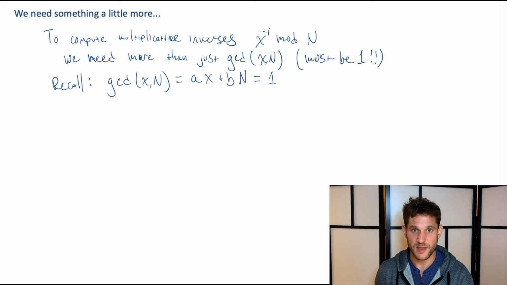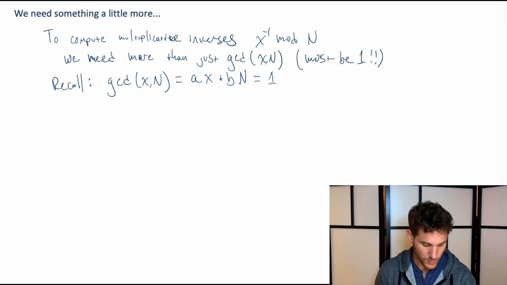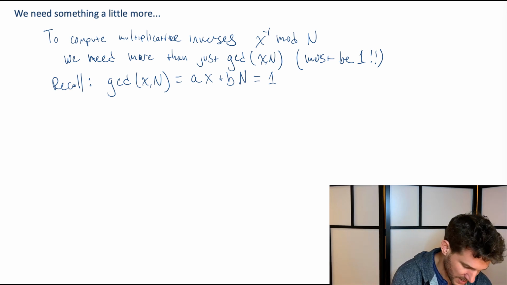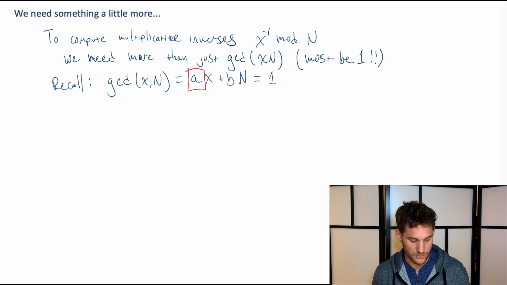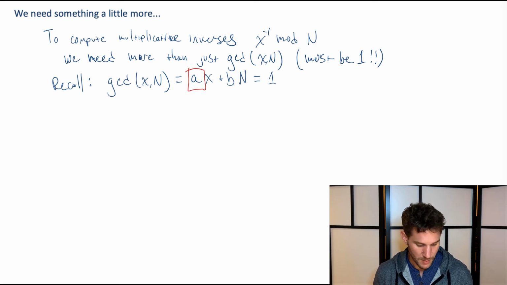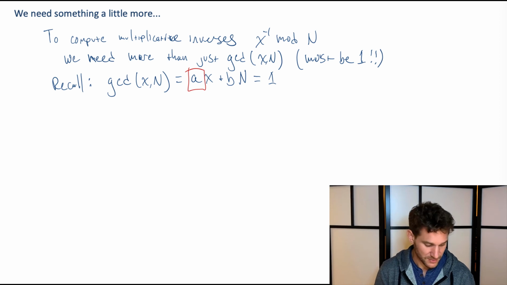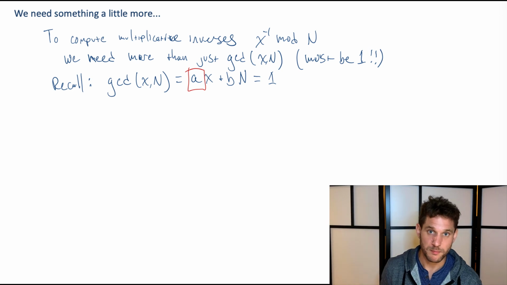And in fact, if we had those integers a and b, we would know that this integer a is the multiplicative inverse of x mod n. The reason for that is that I'm writing ax as an integer multiple of n plus 1, which means that if you try to divide ax by n, you would get a remainder of 1. But that's what it means to be the multiplicative inverse of x. You just take ax and have that be a number which is an integer multiple of n plus 1.